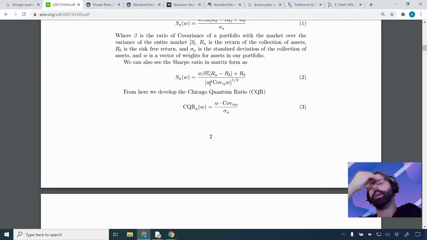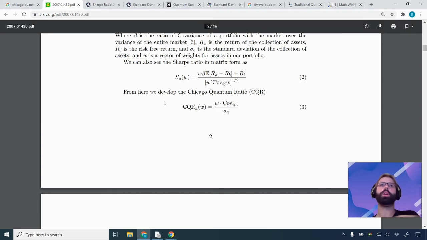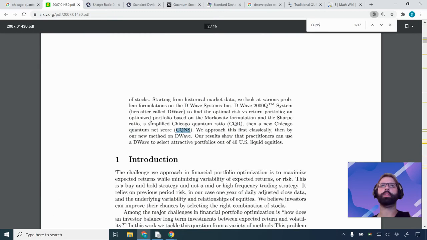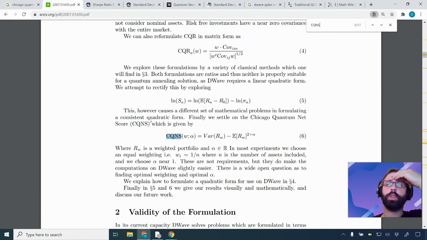Okay, I think I understand what these mean. So it's the average kind of return, like risk-related return, right? And so CQNS. What they do here is they take the variance of your portfolio and minus. No, that wouldn't make sense.